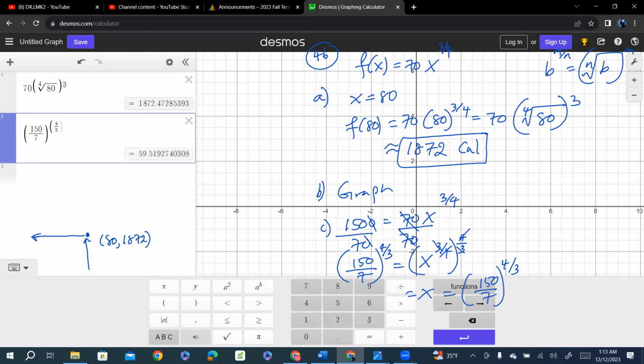That seems to be correct. And the answer, to the nearest kilogram, is 60 kilograms. So that person will be approximately 60 kg.